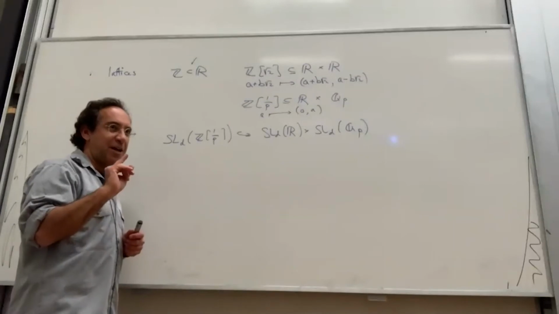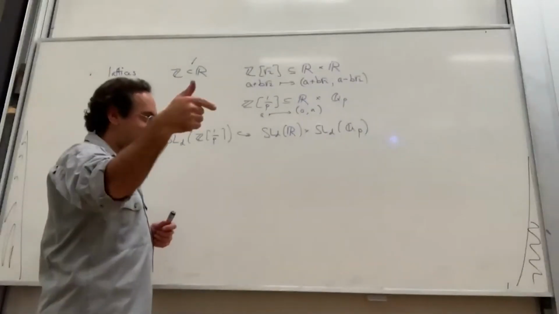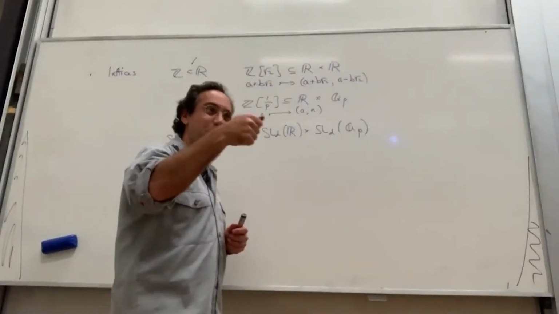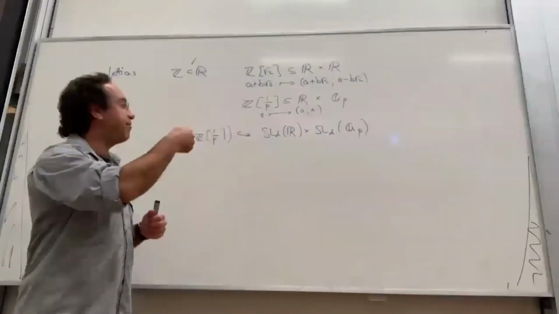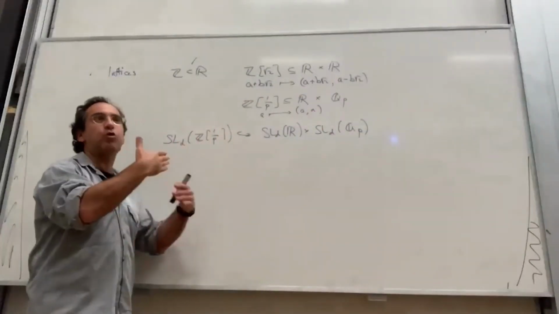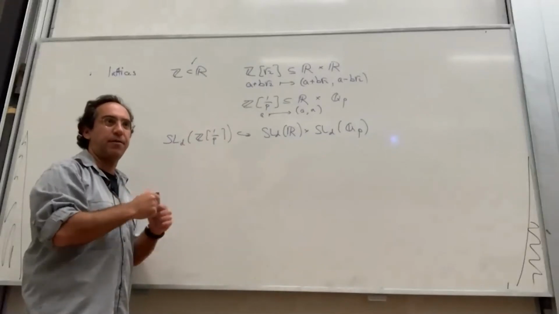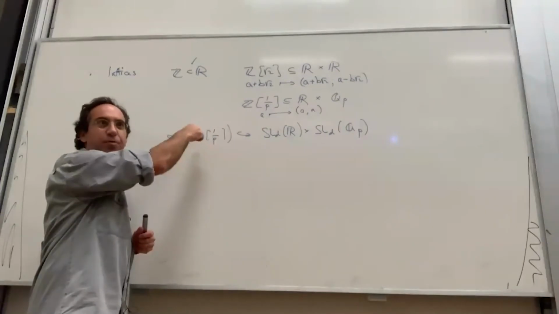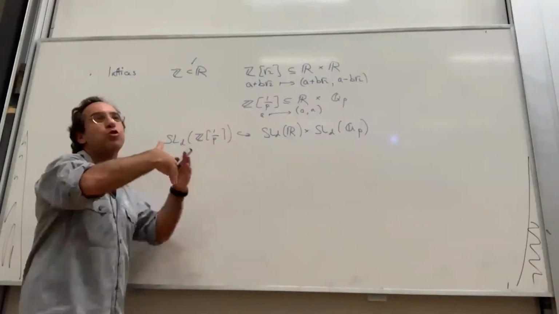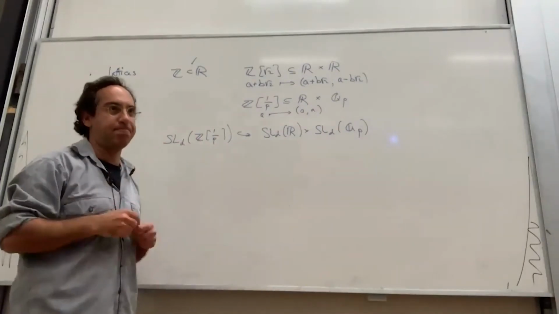That's correct. I should have drawn the S-integers all along. So if you have primes that you inverted, they will not show up in the formula. Yes, because you're right, p is not a prime ideal here anymore, so it will not show up in the Euler product.